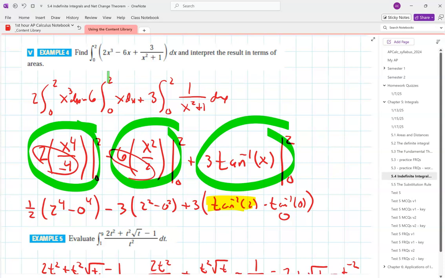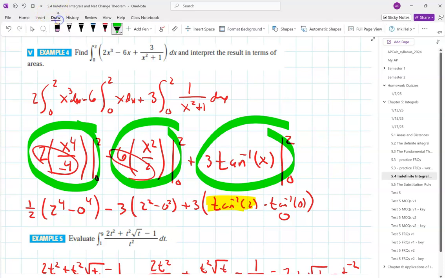Whatever's more convenient for you, whatever feels easier for you is fine. Okay? So you can experiment with trying to do it both ways and how you like to do the evaluation. Sometimes, like, if it's 0, it's much easier one way than another way. Like if one of the bounds is 0, that's usually pretty nice.